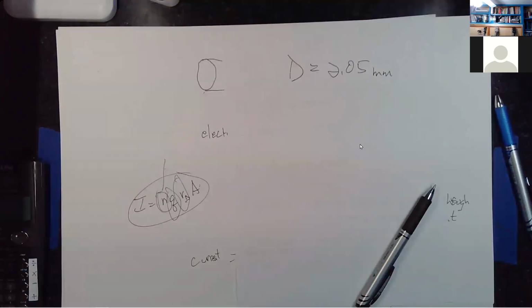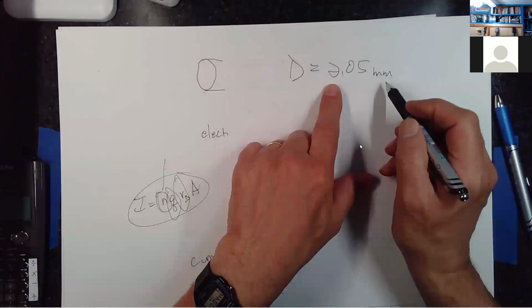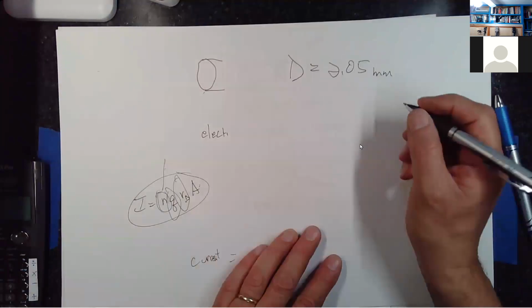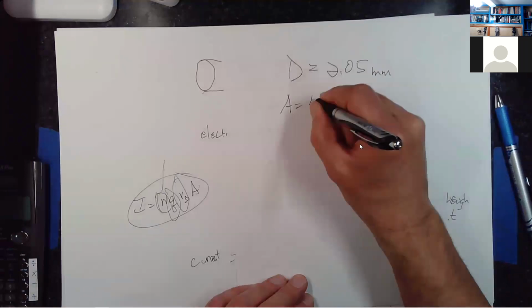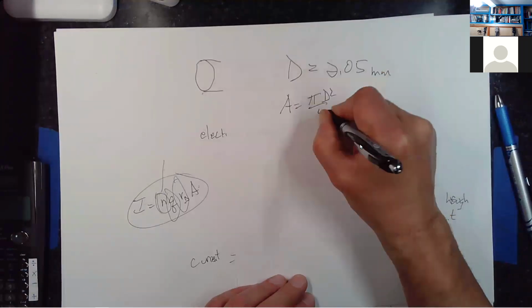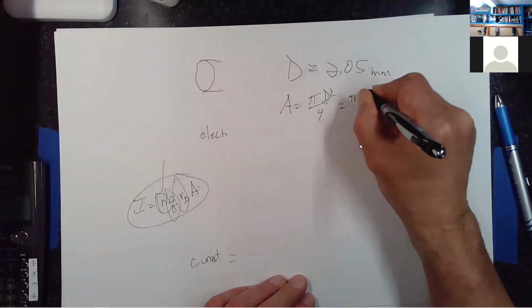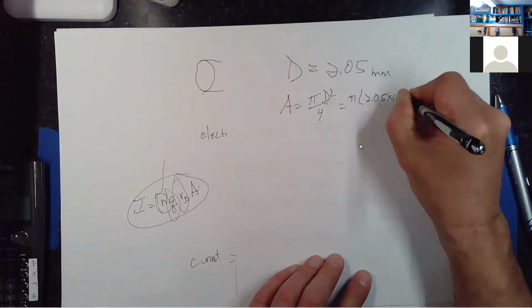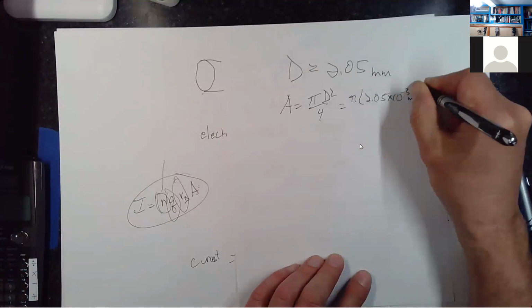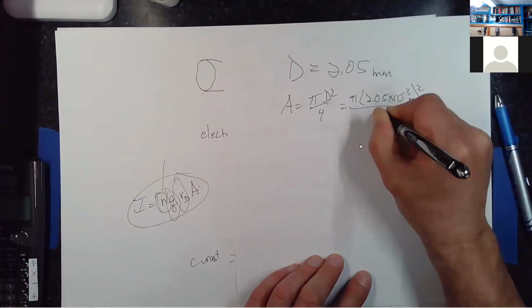Okay, so we've got a wire with a diameter of 2.05 millimeters. That makes the area pi times the diameter squared over 4. So it'll be pi times 2.05 times 10 to the minus 3 meters squared divided by 4.